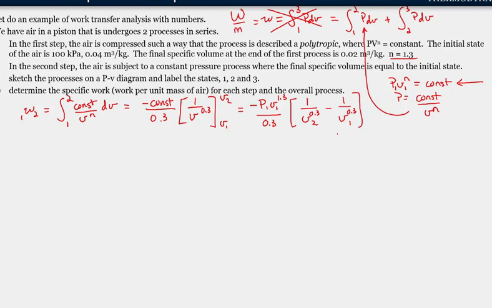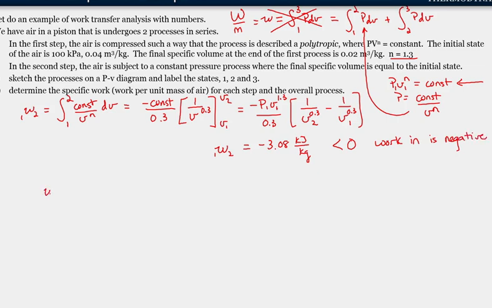We plug in our numbers, and we get an answer for the work from 1 to 2, the specific work transfer of minus 3.08 kilojoules per kilogram. And again, this is less than 0, which confirms our understanding that work in is negative. That's our sign convention. Super.